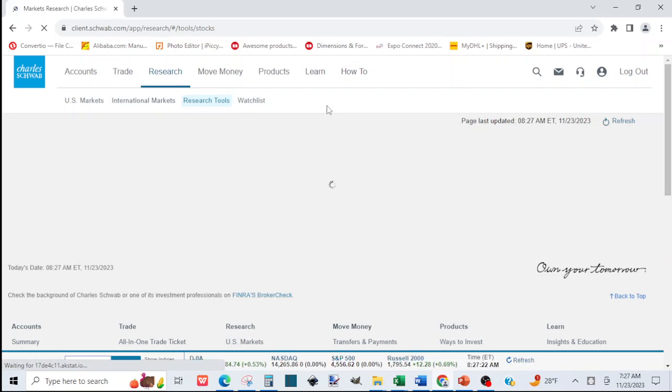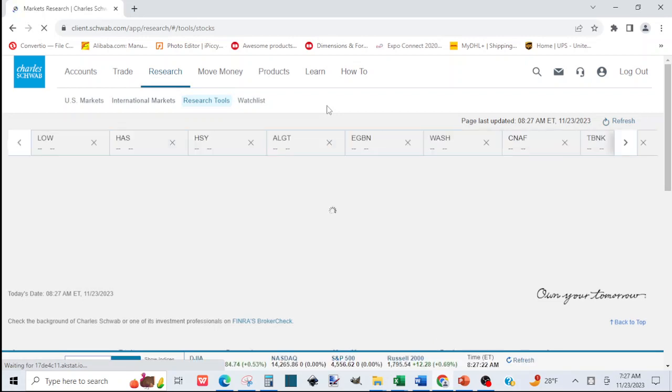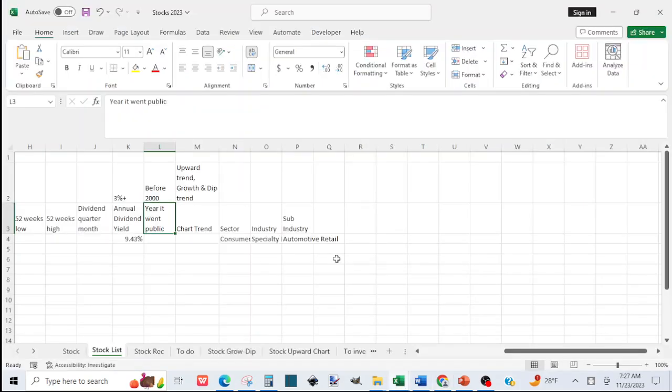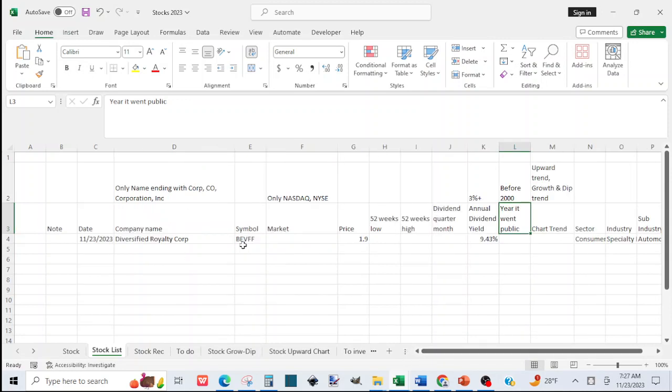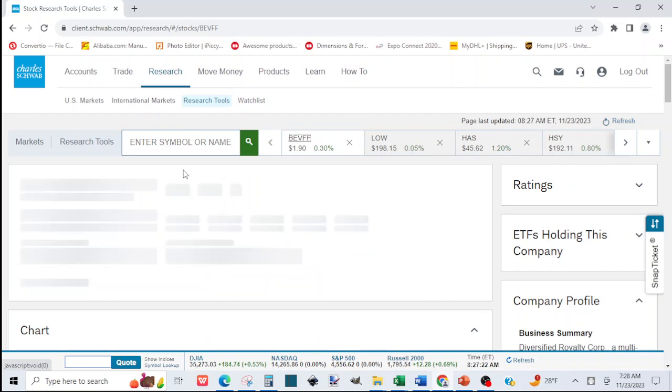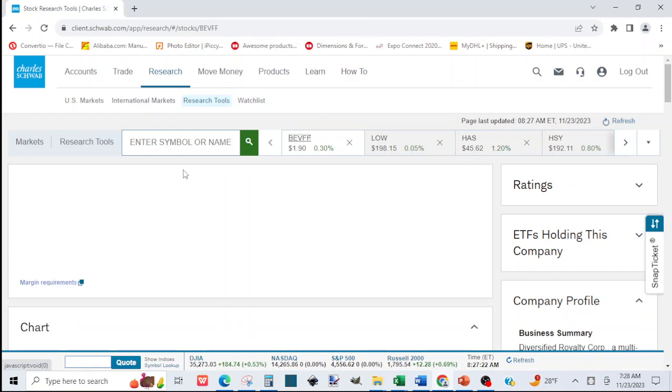Under stock research, you now type every single one of those symbols that you entered on your spreadsheet. The first one is that one, so we will enter it, and it should give you the company's name, and you click on it.